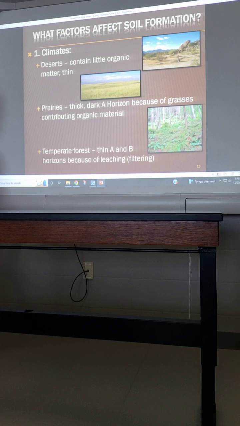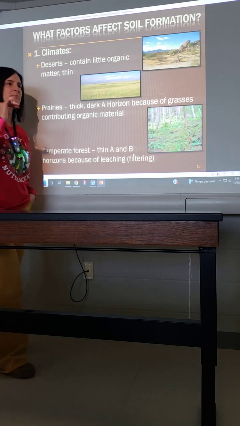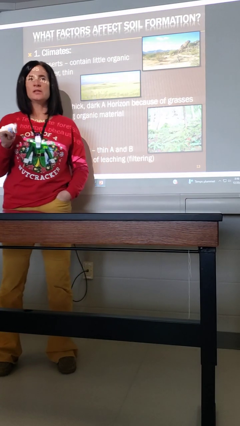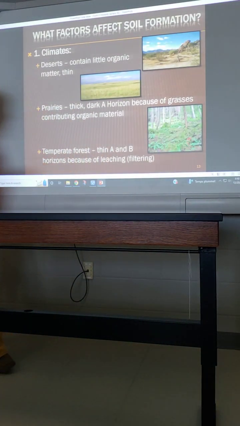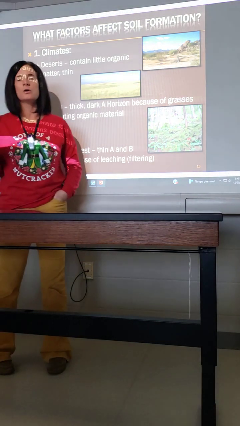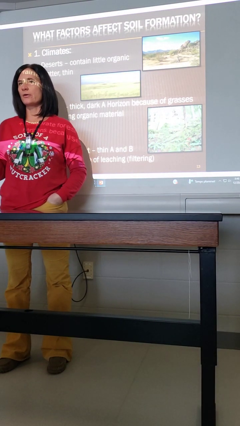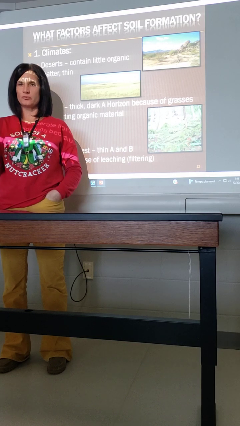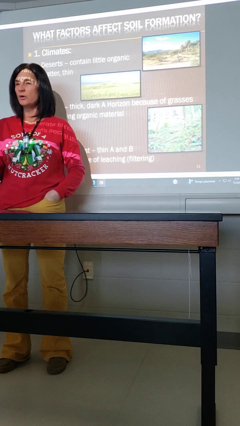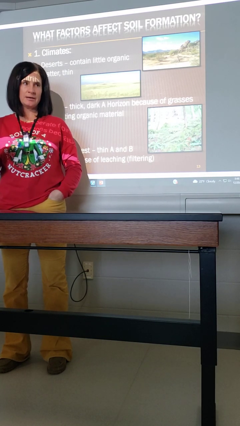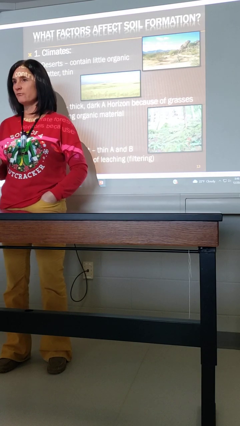Forests, and we'll talk about the horizons here in a second, those are our layers, have a thin A and B layer because of the leaching. It's kind of like what we talked about with our acids being able to drip or leach through the soil and dissolve some of the limestone, and that's what formed some of our cave formations.